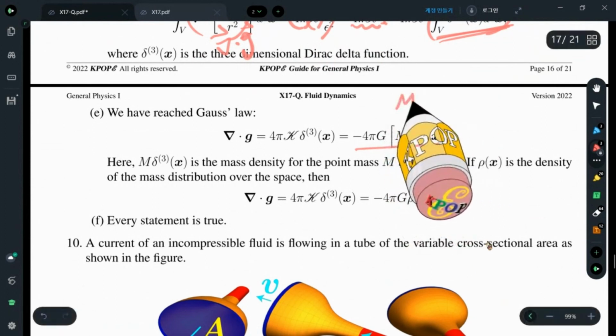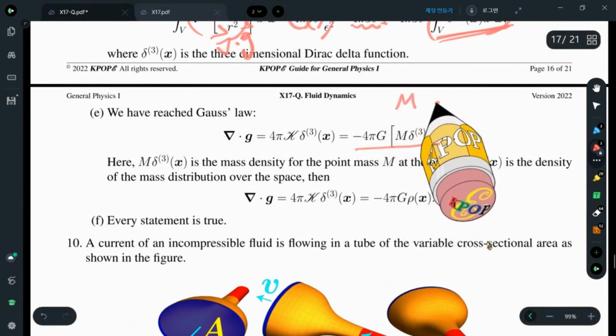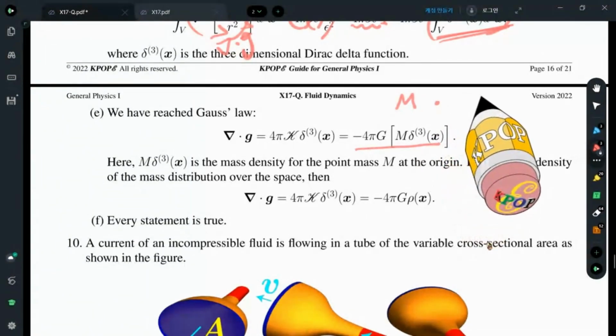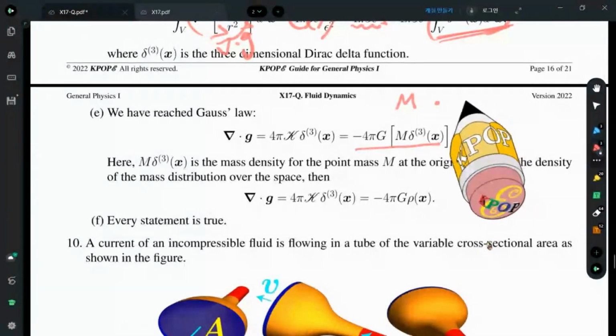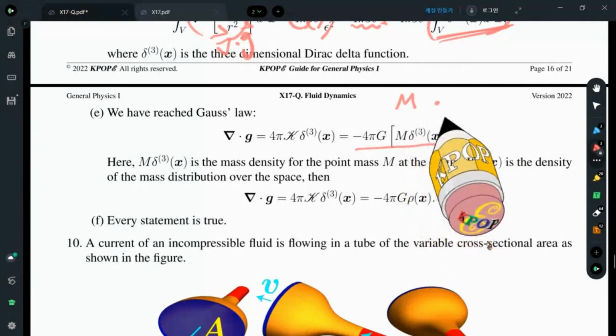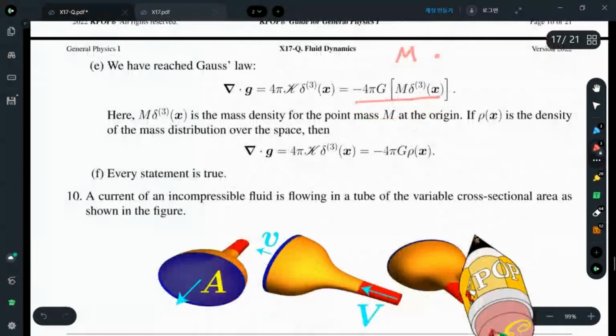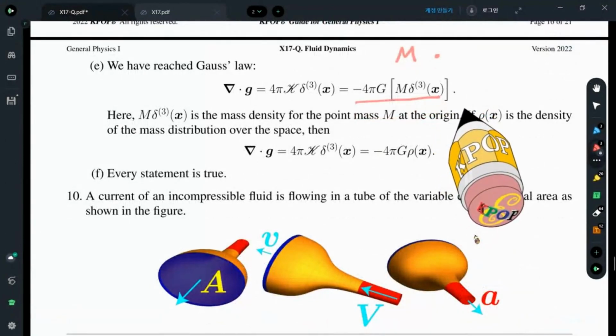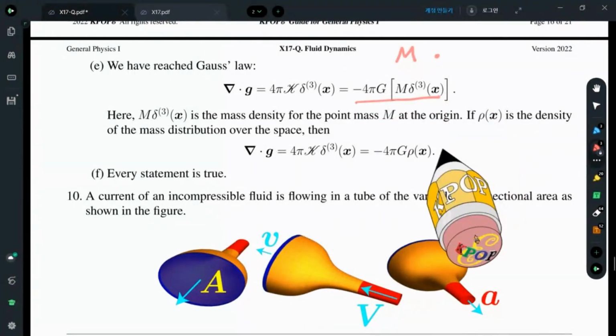The point-like mass m is placed at the origin. That always makes a singularity, and the Dirac delta function allows us to treat this kind of singularity that mathematicians don't want to attack, but it is a physics problem. So the Dirac delta function comes from the analysis of this kind of mathematical singularity in a physical phenomenon.